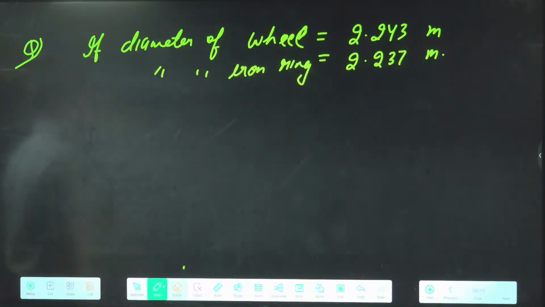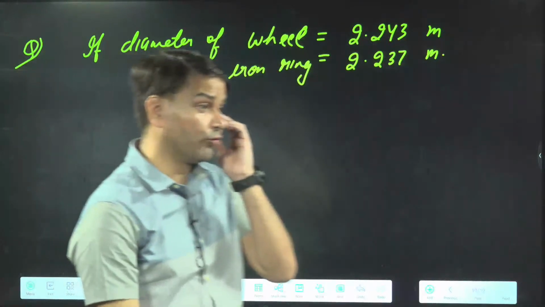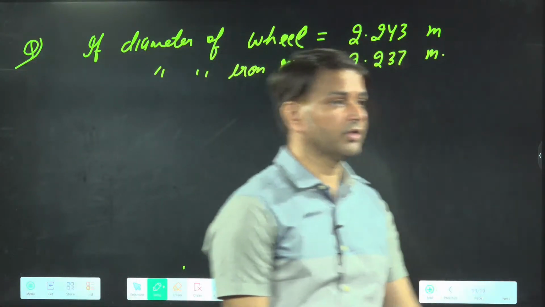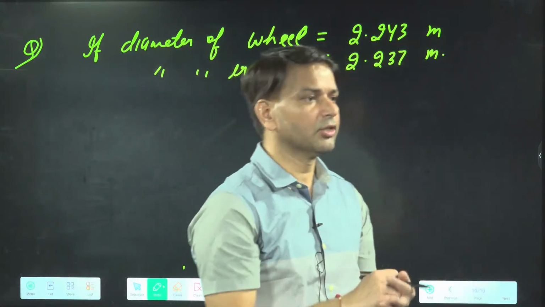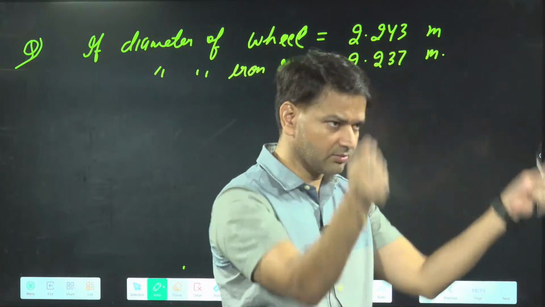They have given the diameter of the wheel as 2.243 and the diameter of the iron ring as 2.237. Suppose that is a wheel. You want to fit the iron ring on it.